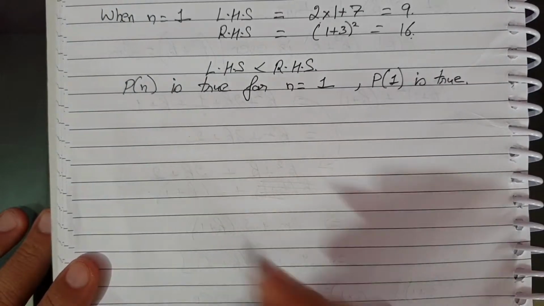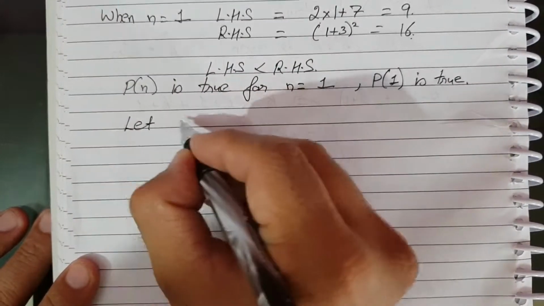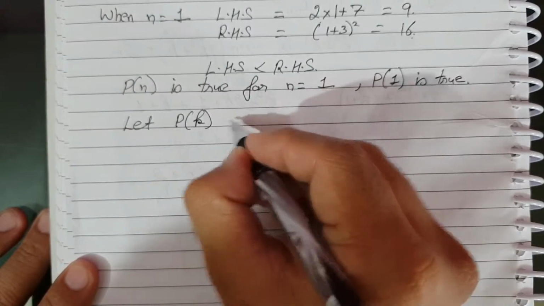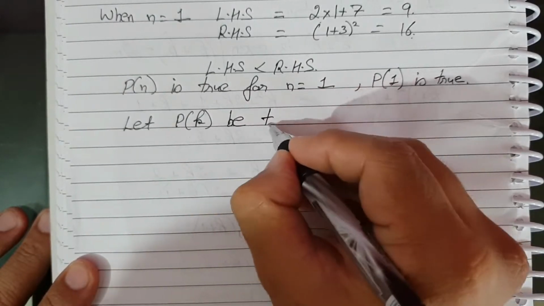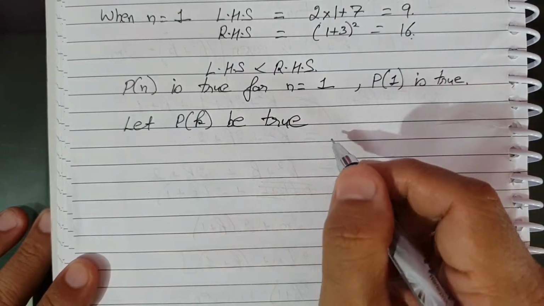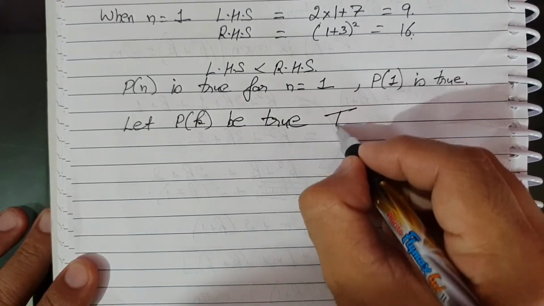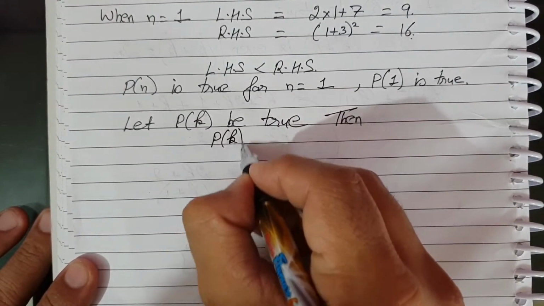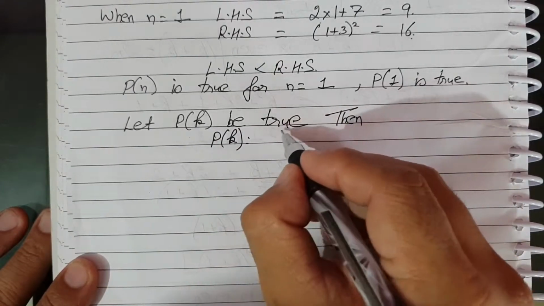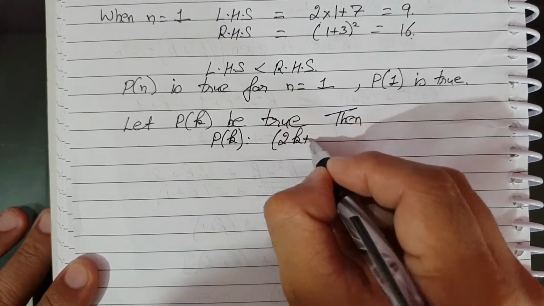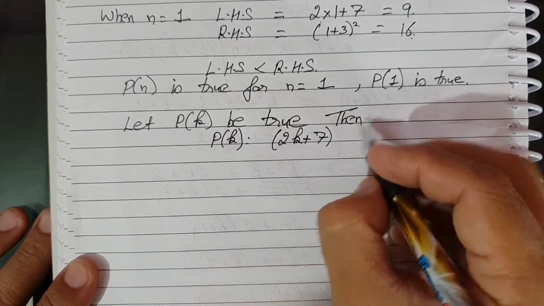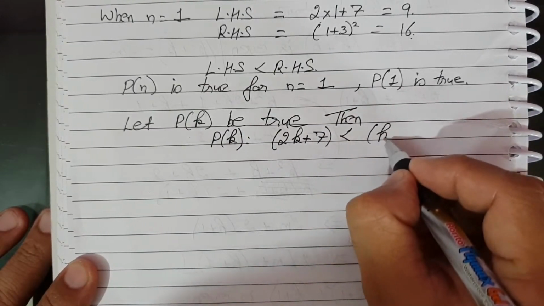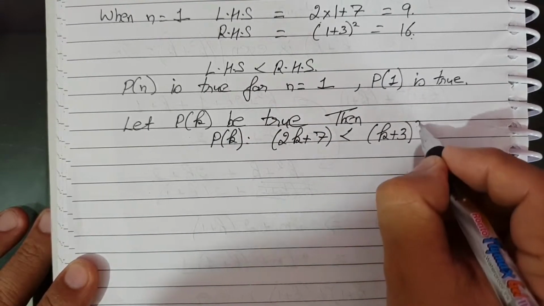Now let Pk be true. So let Pk be true, then this Pk such that 2k plus 7 is less than (k plus 3) whole square.